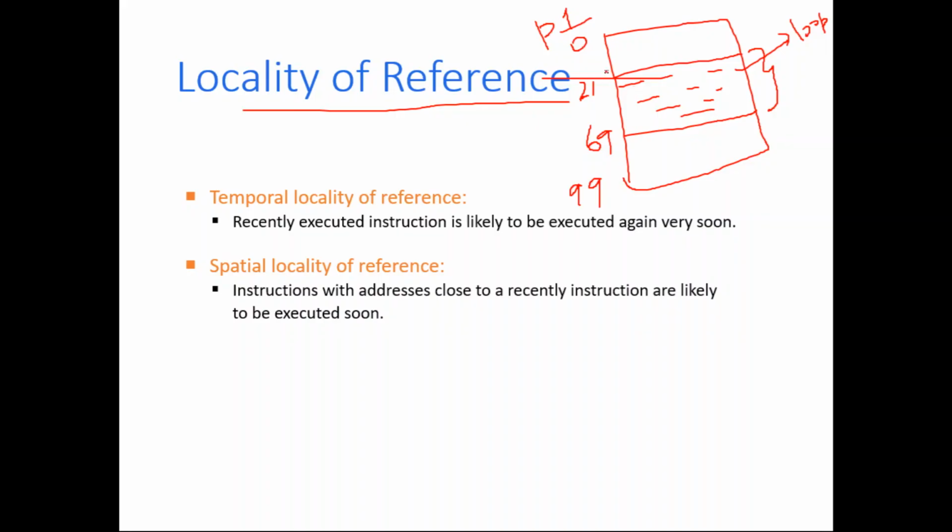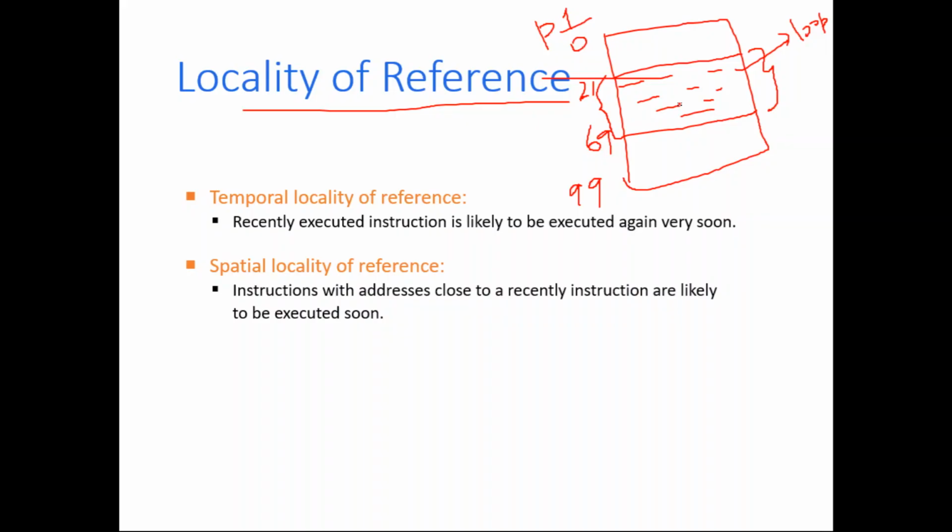One of the common reasons why certain statements execute again and again is loops. So this is one example of locality of reference. The concept says that in a particular program or process there will be certain statements, data or instructions which will be accessed more frequently than the other contents.